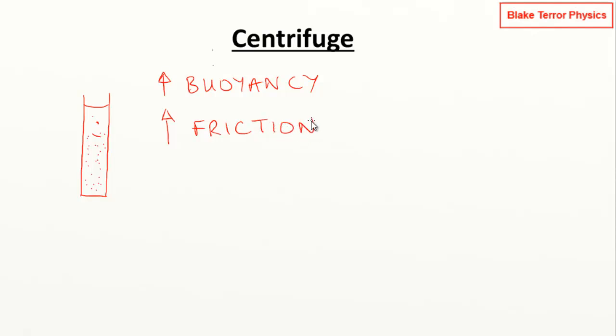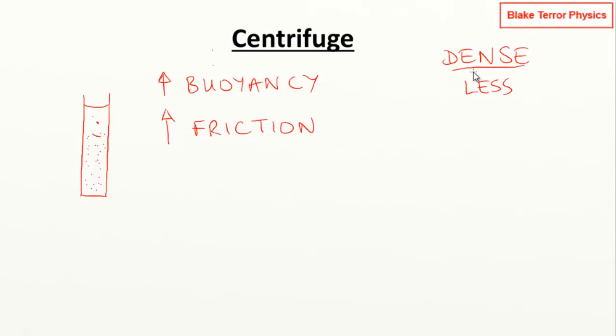So what's the difference in these forces from particle to particle? So if you've got a dense particle, so two particles of the same mass, say, the more dense particle is going to have less buoyancy because it's got a smaller volume, so it's displacing a smaller amount of liquid, so you're going to have less upthrust.